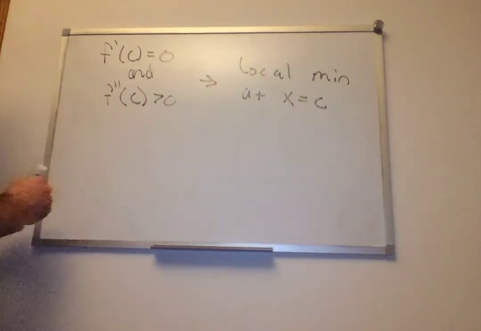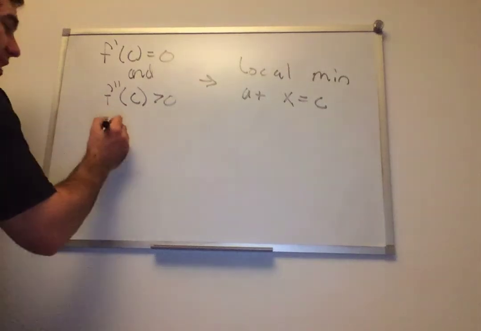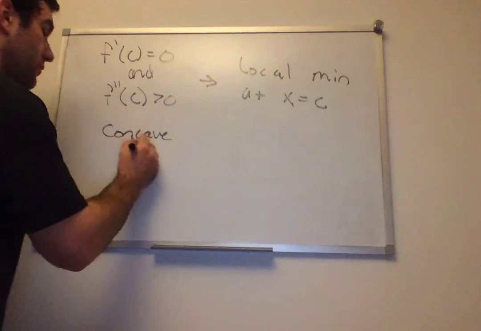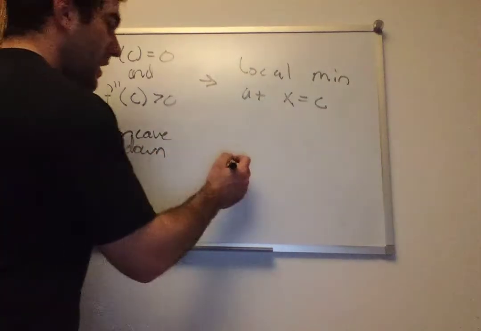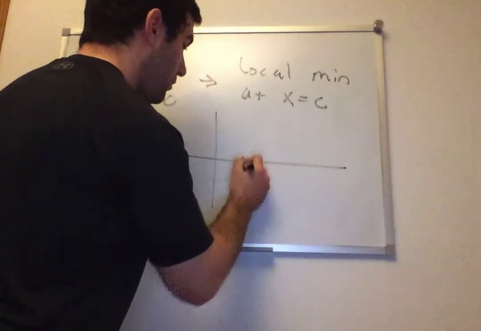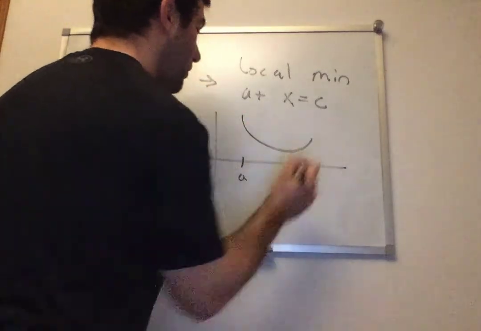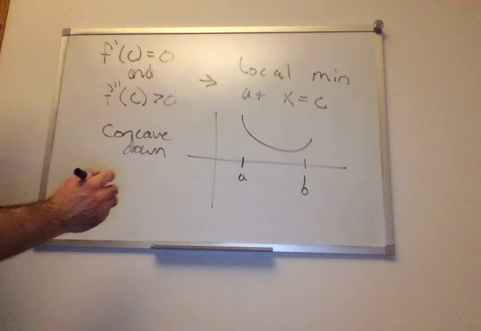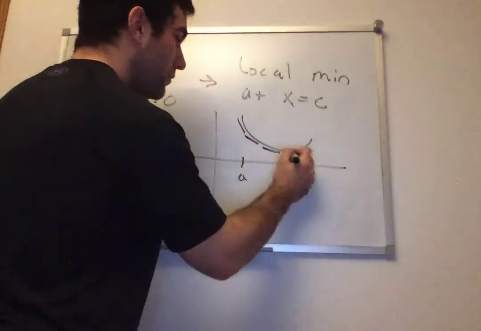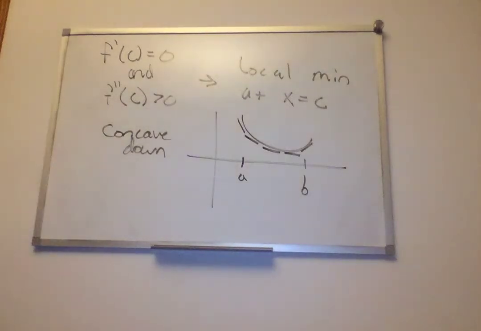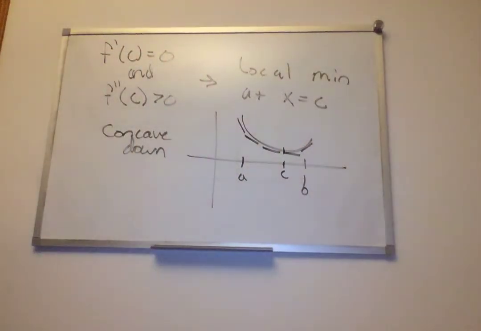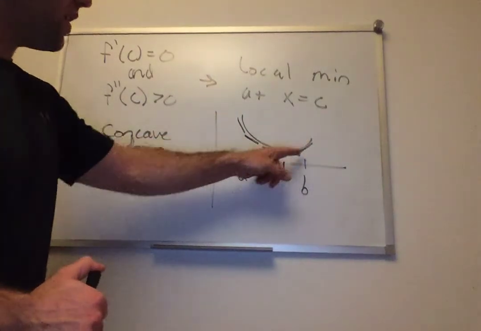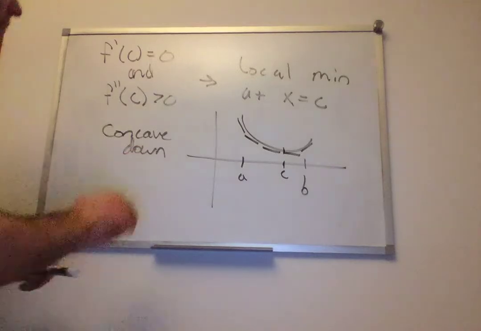If you recall the definition of concave down, what being concave down means is that on some interval, just from a to b, whatever that interval is, the tangent lines are below the graph. The graph lies above its tangent lines.